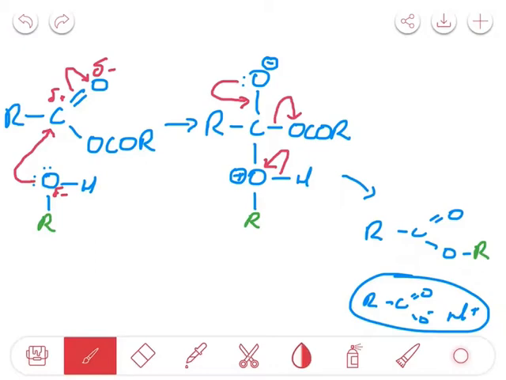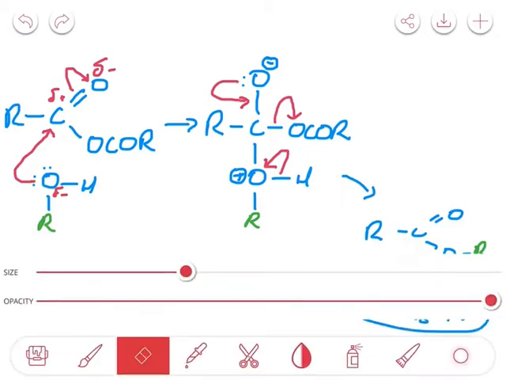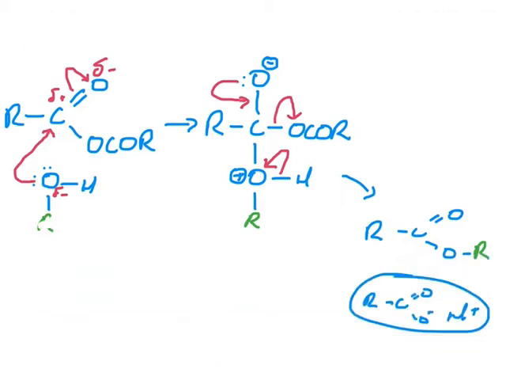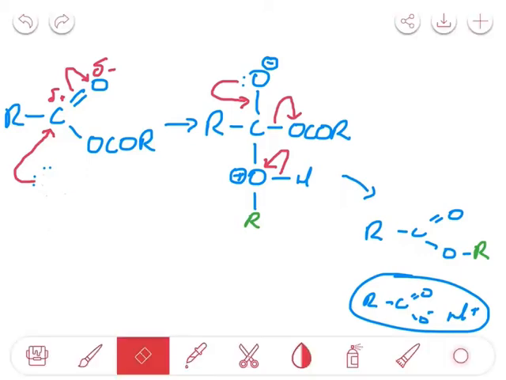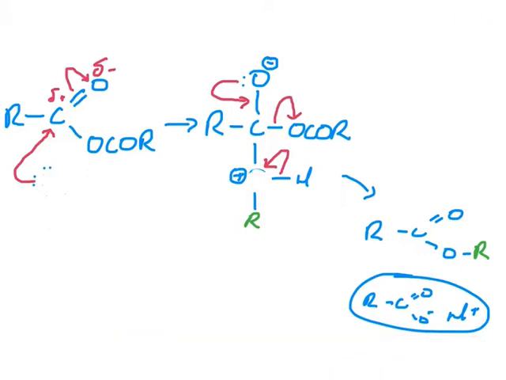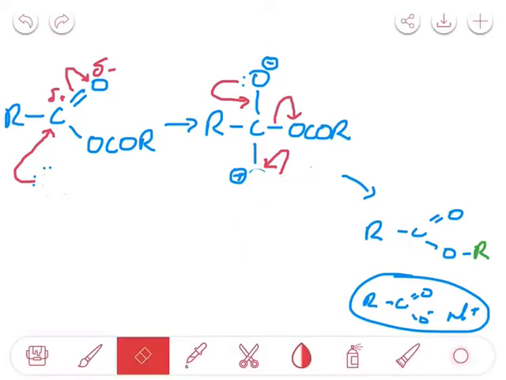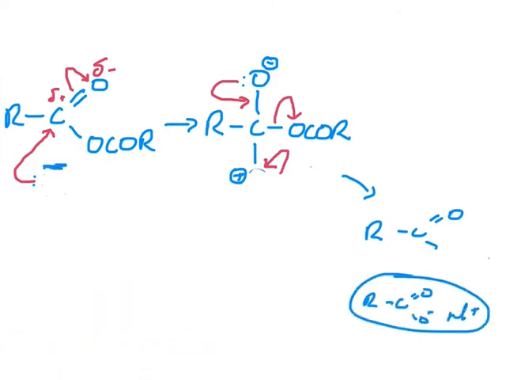If I now change my water or alcohol to ammonia, remember ammonia behaves in exactly the same way as water and the alcohol. So let's get rid of all of this bit here. I'll just leave that bit there, and then we'll put our nitrogen in there. I'm doing blue. So we'll start with ammonia.